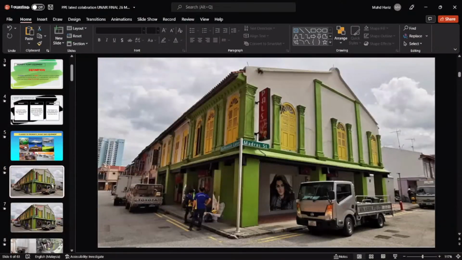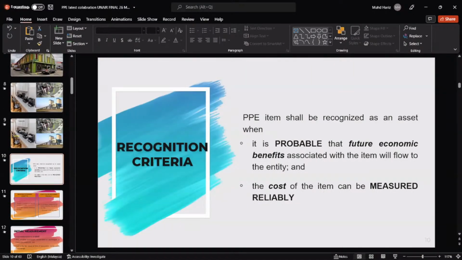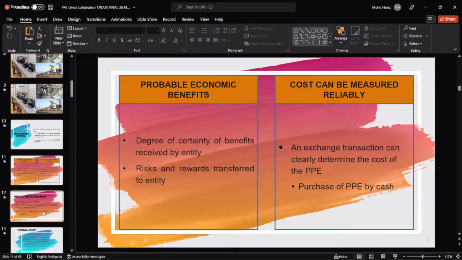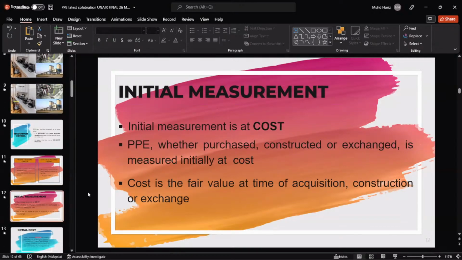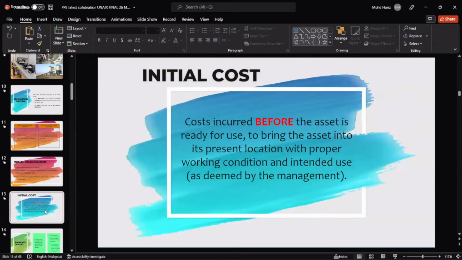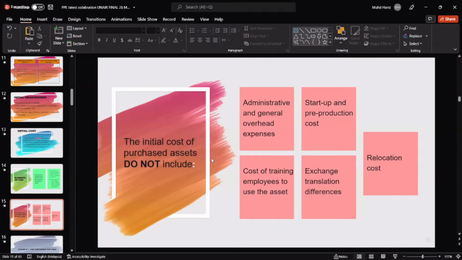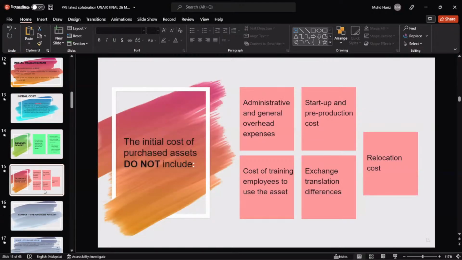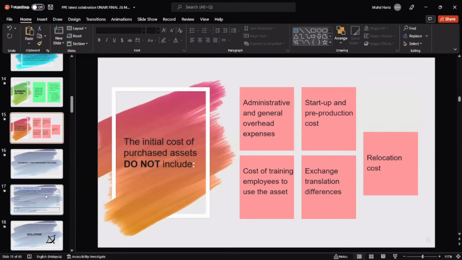Next will be the recognition criteria. There are 2 recognition criteria, with the explanation on probable economic benefits and cost that can be measured reliably. The next slide is the initial measurement, followed by the initial cost. Then we have elements of cost, which involve the purchase price and direct costs. Then costs not to be included.